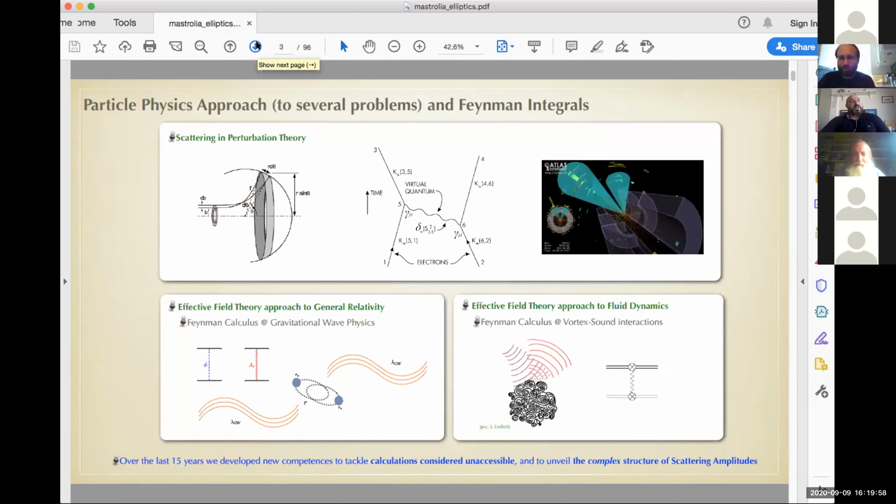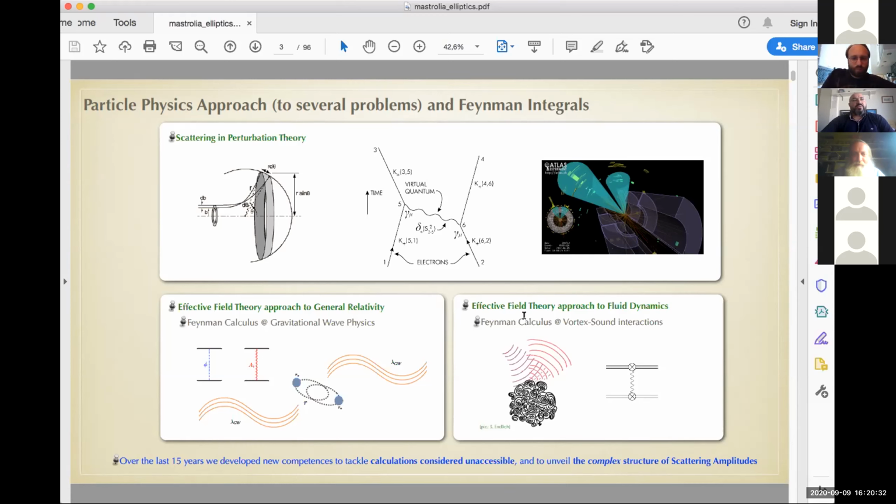We know that scattering amplitudes are a key ingredient for perturbation theory, but lately my interest has also been focused on finding the connection between Feynman integrals and general relativity, in the context of the physics of gravitational waves. And there has been tremendous progress in this direction in the last couple of years after the discovery of the gravitational waves.